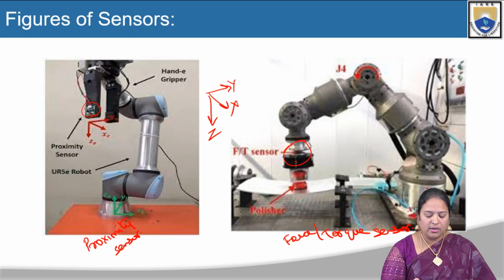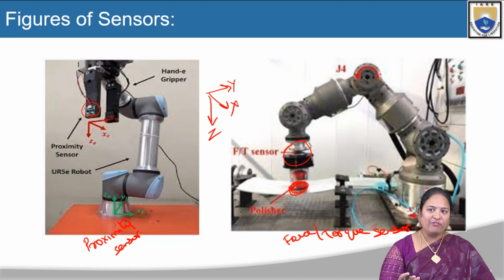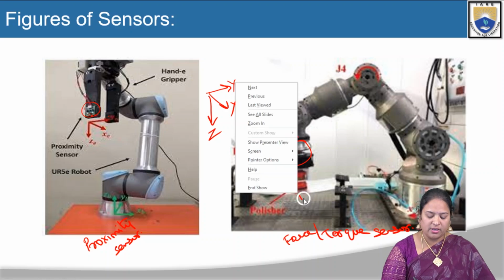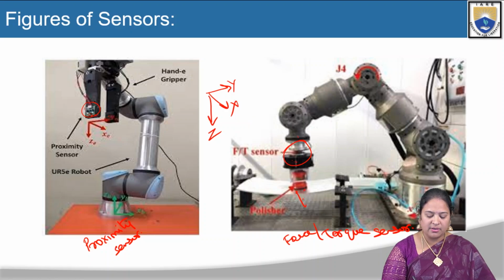Right now, since this is the polishing tool which we have placed. Now, when we require any form of welding to be done, here we will be placing some welding tool. If we want any form of drilling operation to be done, here we will be placing some drill bit, and accordingly it will be acting.